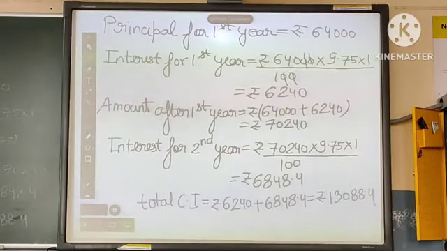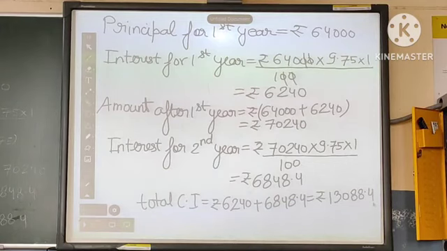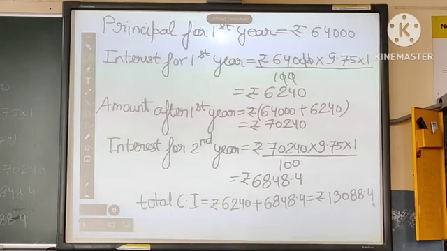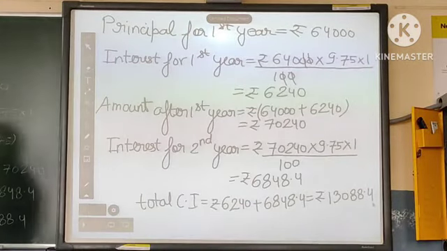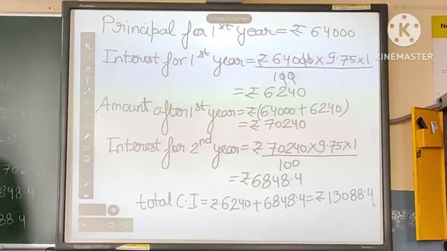You could note down this data. So see, we had already calculated the simple interest. Now this is the compound interest. Compound interest is again calculated for 2 years. Okay, 2 years we have to calculate, because the question also says the same thing.